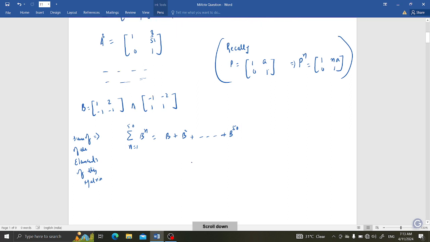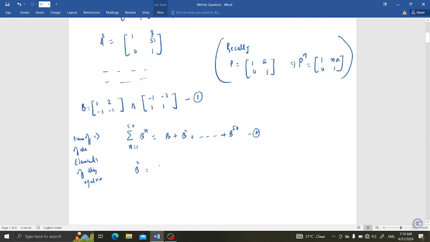So assume it is the first equation. Now here B is the same B, but what about B square? I'll assume this as the star equation.